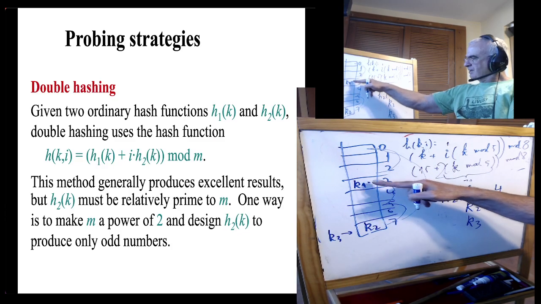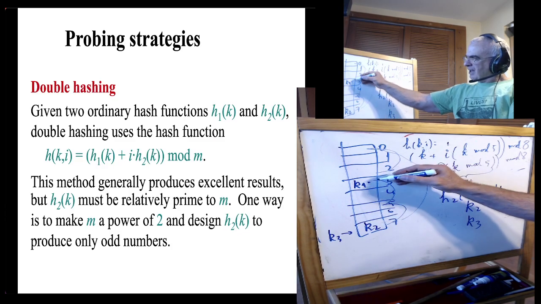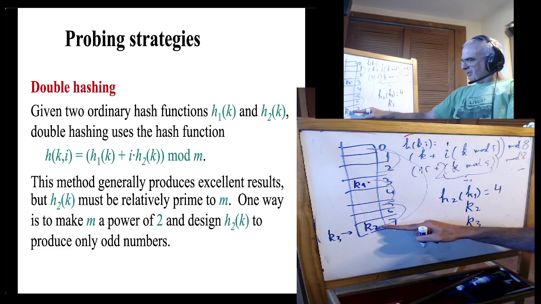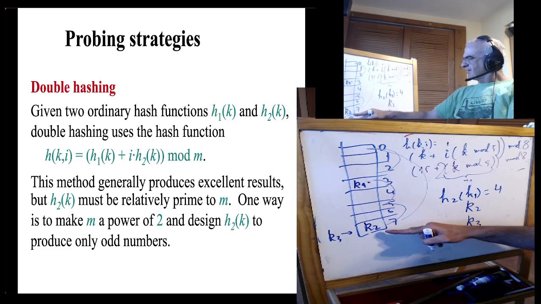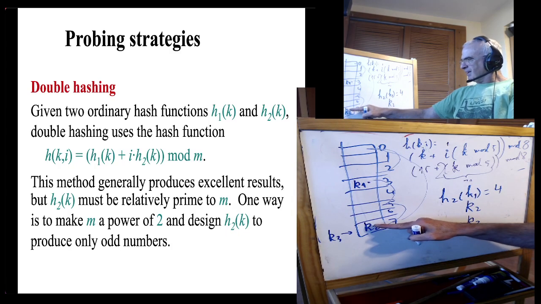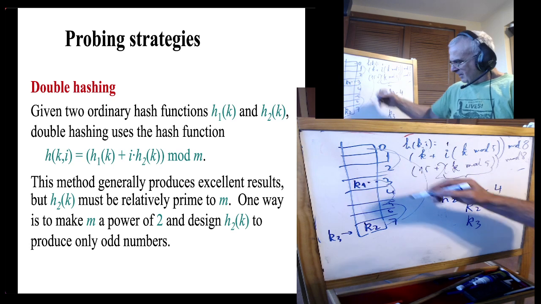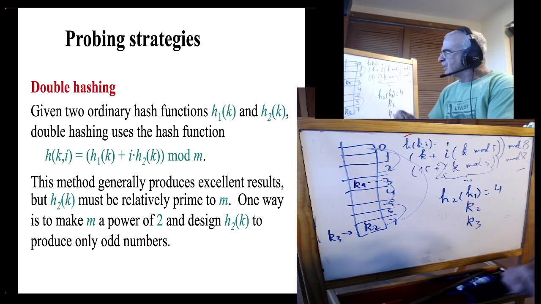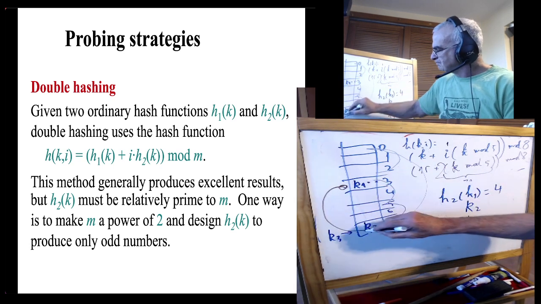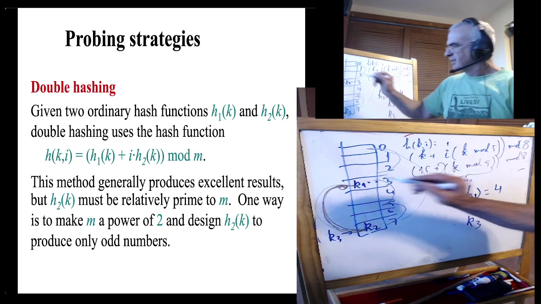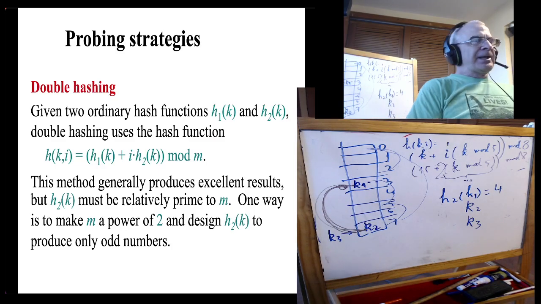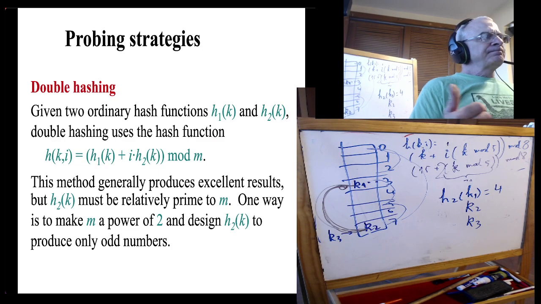So let's increment i, and now I'm looking at this cell plus 8, which is 0, so I'm back to this cell. And all I do in my 8 attempts is just jumping between these two cells exactly 8 times. Makes sense, right?